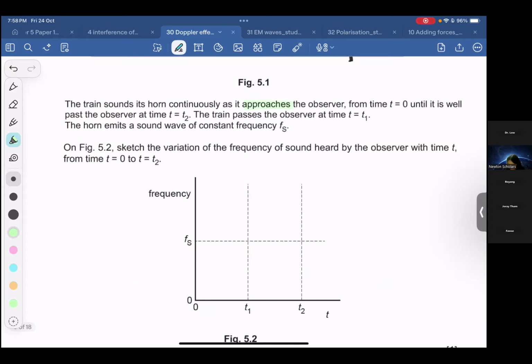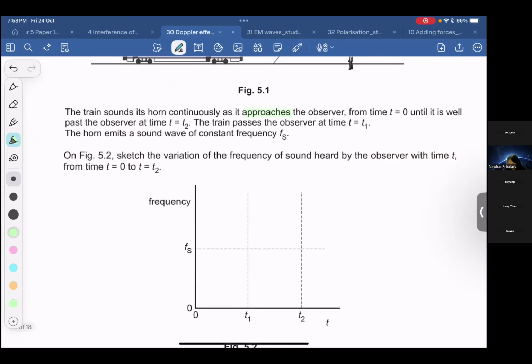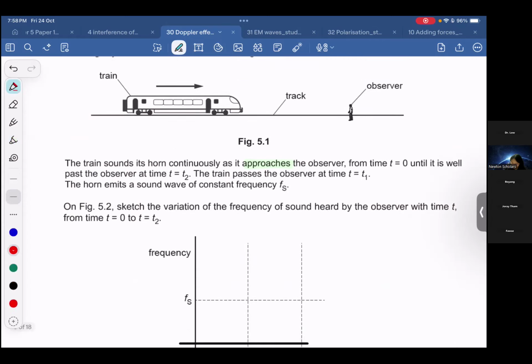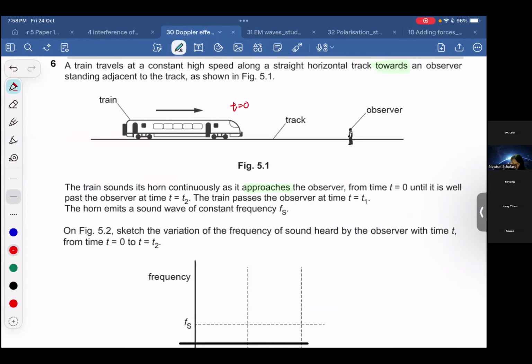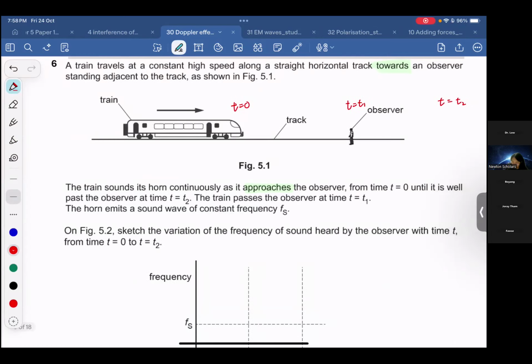The train passes the observer at time t equals t1. That means that here t equals 0, here t equals t1, then t equals t2.